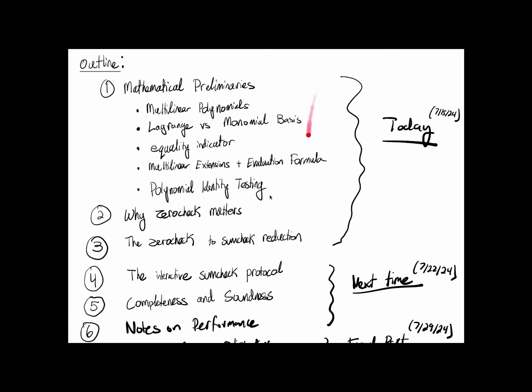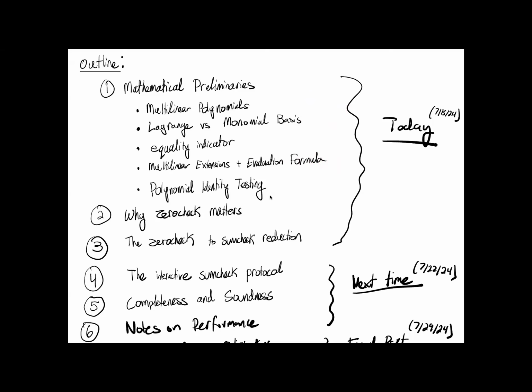This math part, I will admit, is a little bit dense, but learning this properly will pay huge dividends in your understanding of proof systems, because these are very important building blocks, not just for understanding Zerocheck, but for a lot of the stuff that we do, whether it's additive NTT, Frobenius, lookup arguments or Zerocheck.